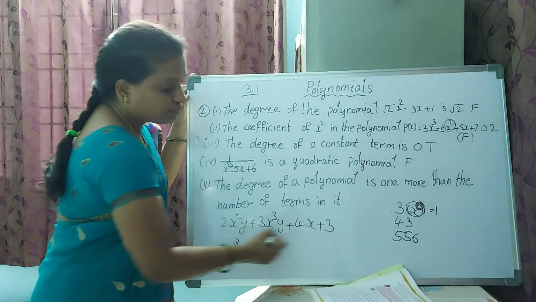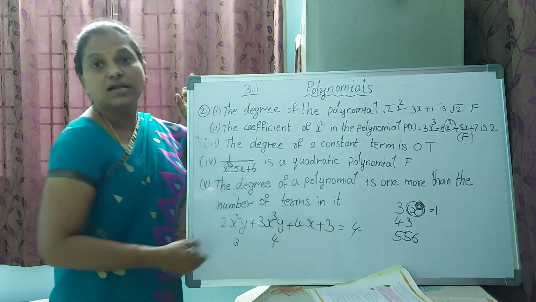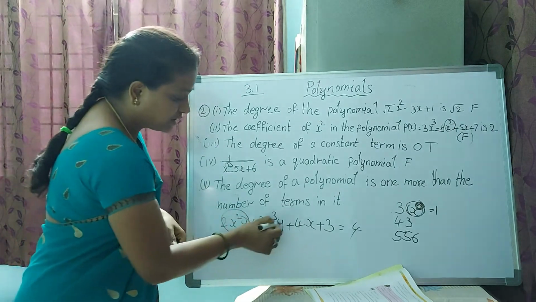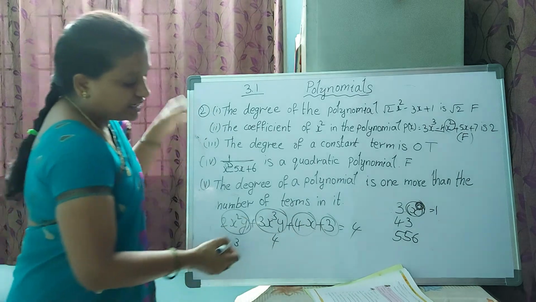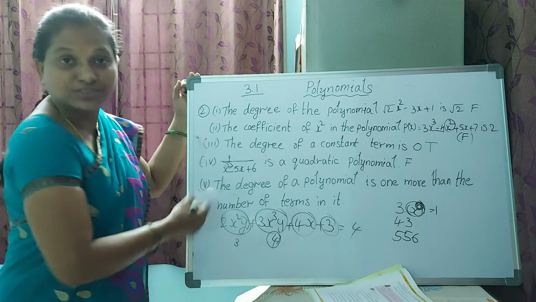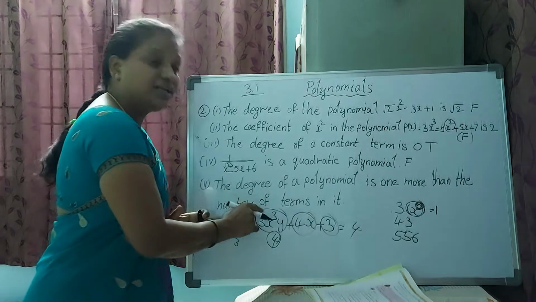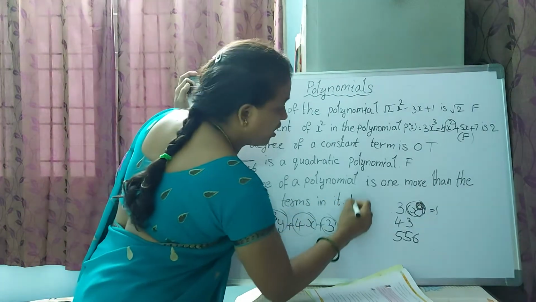The degree of this polynomial is 4. But it is not related to the terms. This is one term, this is another, this is another. Total 4 terms are there. See here the degree is 4 and the terms are also 4. You have to remember that the degree is not related to the number of terms. That's why it is also false.